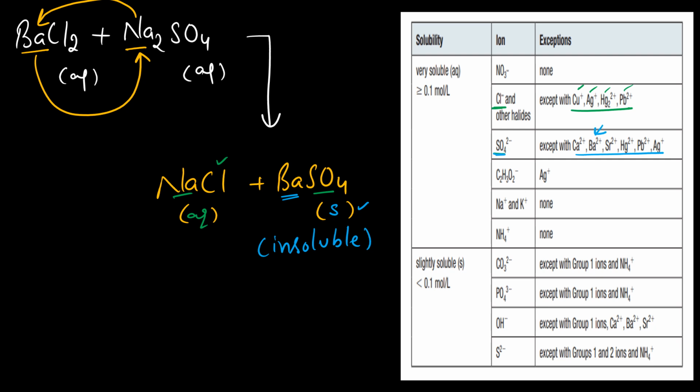As it is solid, this compound is insoluble in this reaction, which means it is going to form a precipitate. Now let's check the color of this precipitate. Again its color is white. When you perform this reaction in your lab, you will get the white precipitate of barium sulfate as a result of this reaction.